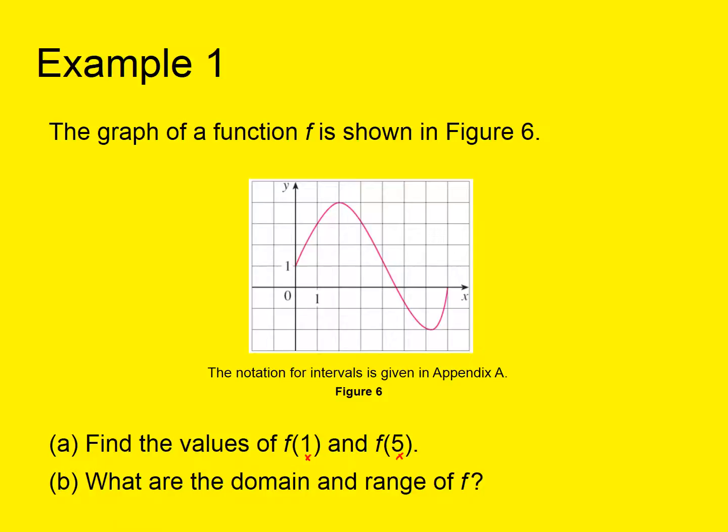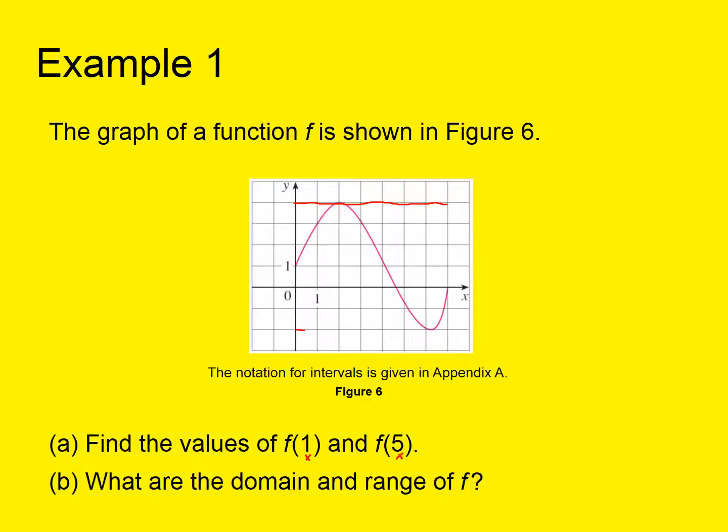And then we're going to do the domain and range question, which again, as we said a moment ago, it's helpful to think of there being a box around the graph.